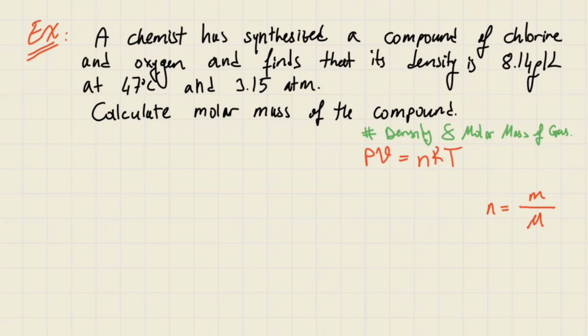Since the molar mass unit is gram per mole and the mass unit is, for instance, gram, in this case the unit of n becomes mole. So we know that this part is good.